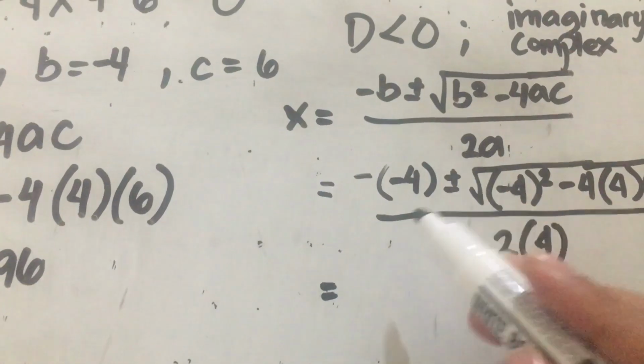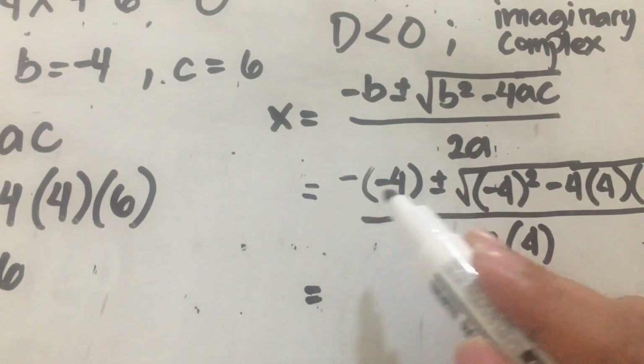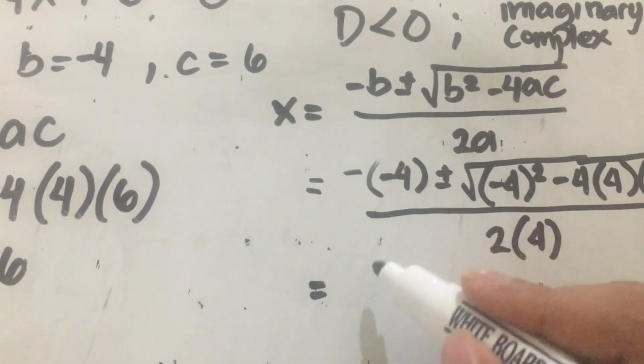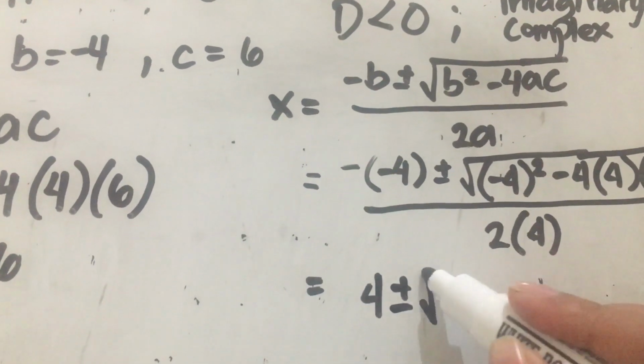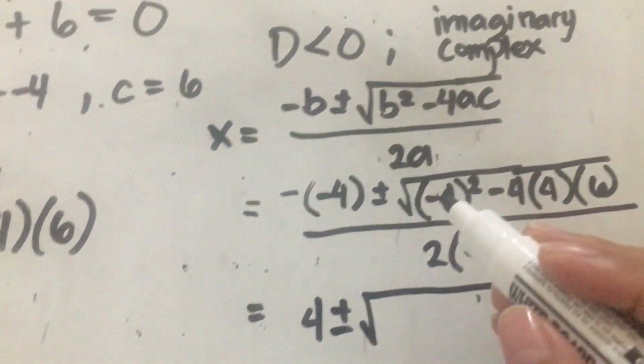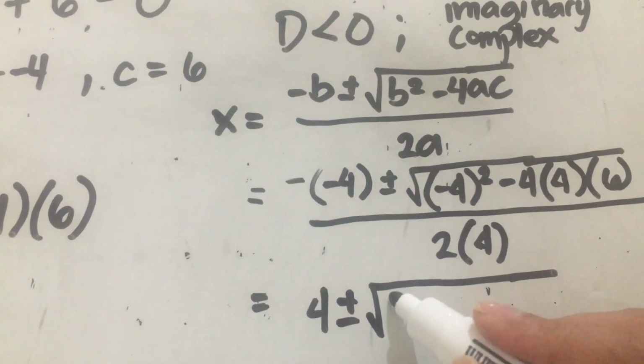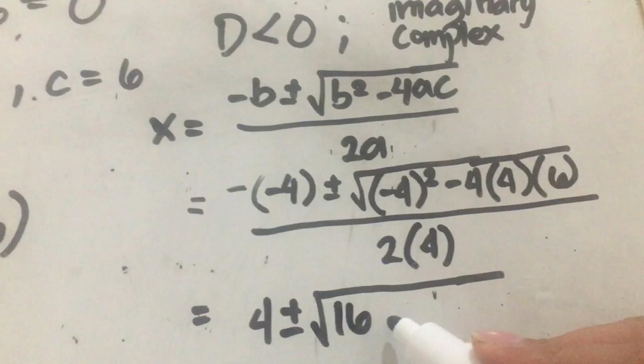Negative times negative 4 is positive 4, plus or minus the square root. What is negative 4 squared? That is positive 16.